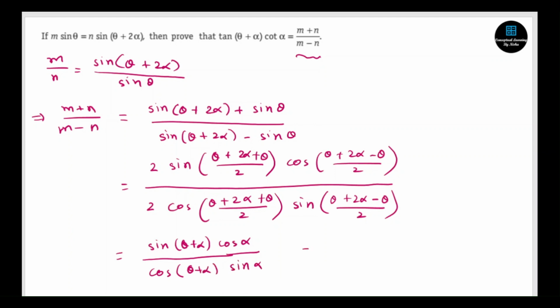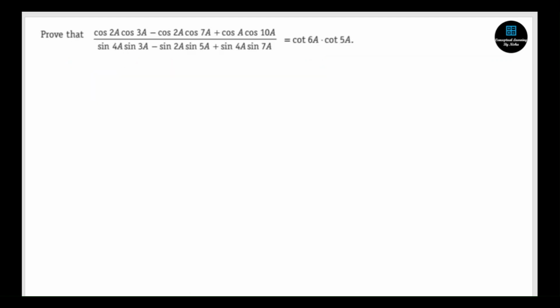Now which is nothing but tan theta plus alpha cot alpha, which is, we started with RHS, right? We started with RHS, so this is nothing but LHS. Hence we prove the question. Alright. Now one more interesting question. So we'll start with LHS and I start doing the adjustment.